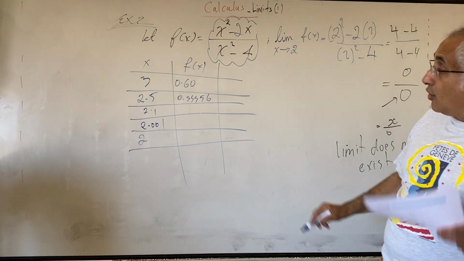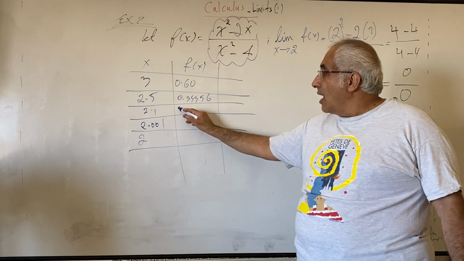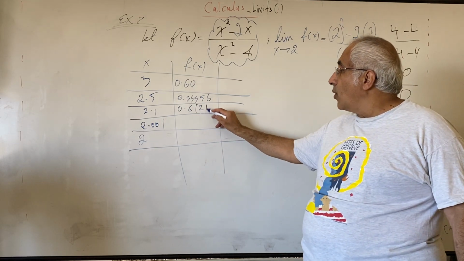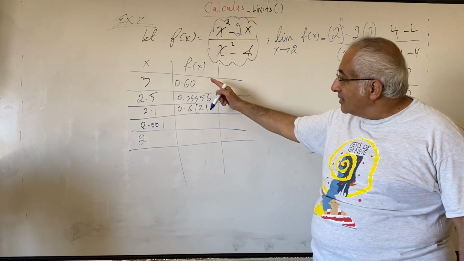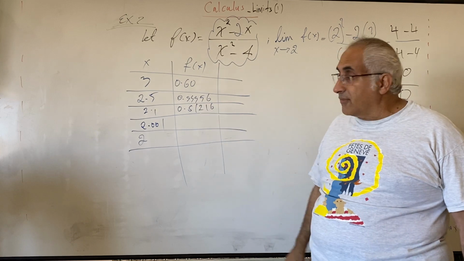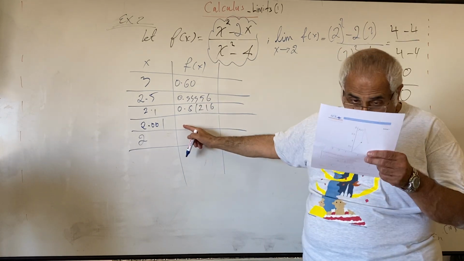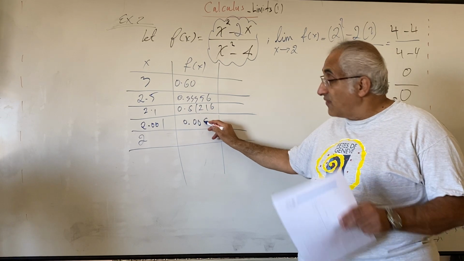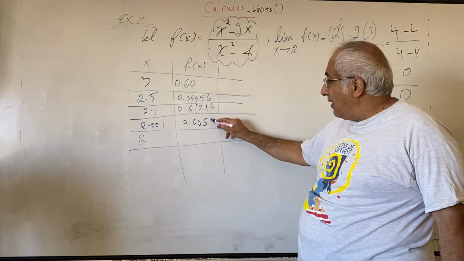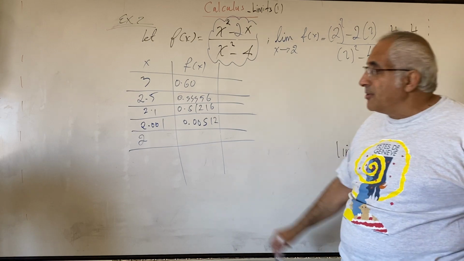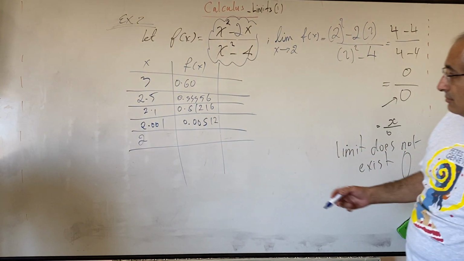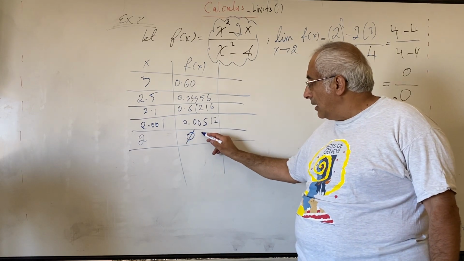And if you get closer, like 2.1, I would probably get 0.51216. What's going on? It's coming closer and closer to 0.5. And if I take something like 2.001, I'm going to get something like 0.5125. But what happens when I come to 2? We just said it here. It doesn't exist.